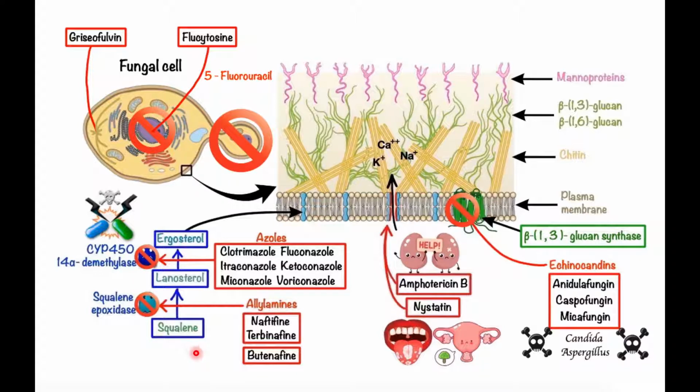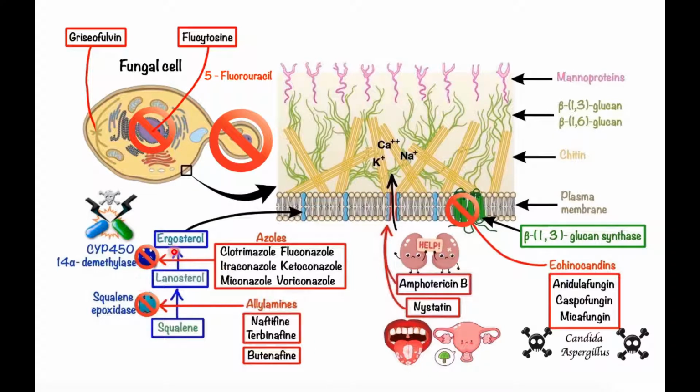These steps are inhibited by two chemically different types of drugs, like allylamines, and allylamines include naftifine and terbinafine, and the derivative of the allylamines butenafine.